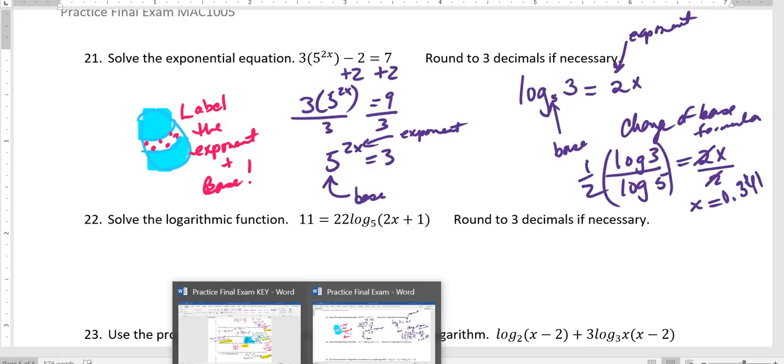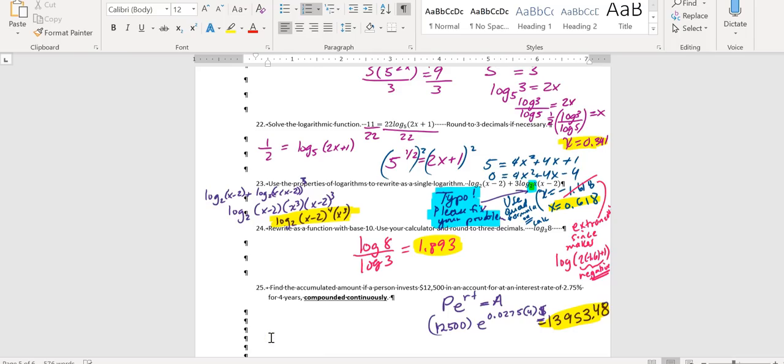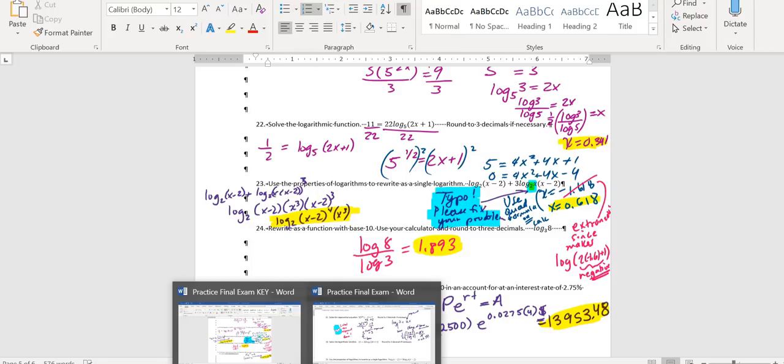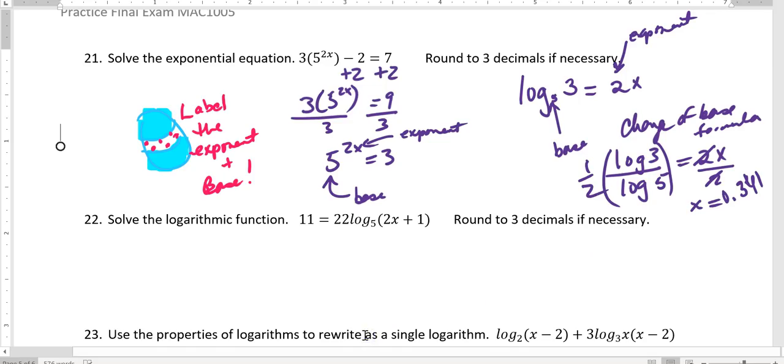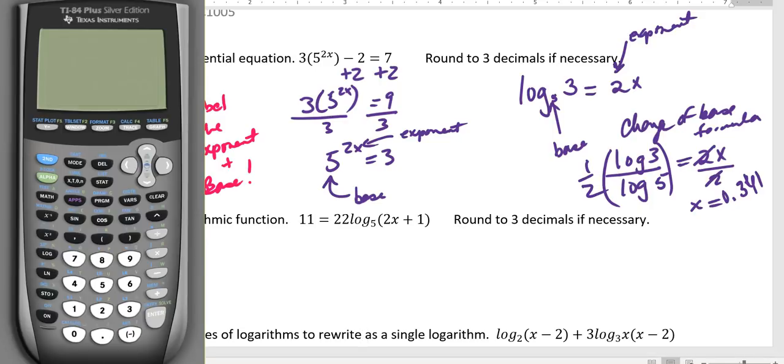Well, let me check my answer sheet that I did. Yep, that looks right. So if you're having problems with putting it in the calculator, let me know. But the log button we know, just to remind you, is right here, over here, log.